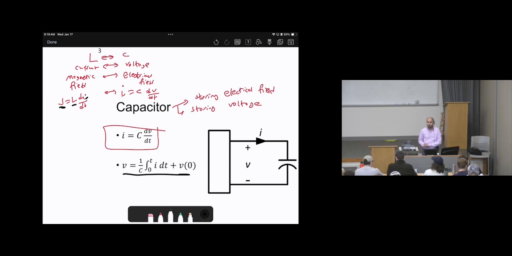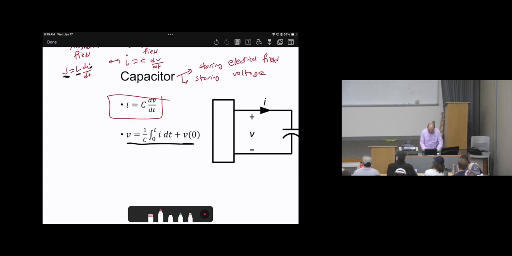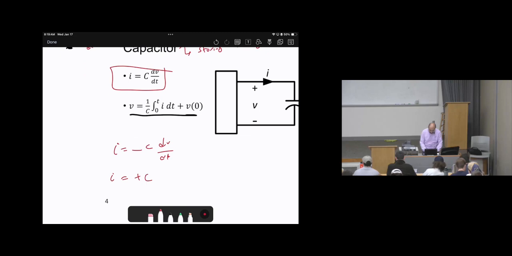Now the other thing, which is how can I make sure of these relationships are positive or negative sign? Is it going to be positive sign or negative? So sometimes, like I say, I equal negative C dV by dt, or I can say I equal positive C dV by dt. This depends, again, on the same thing that we apply to the resistor.